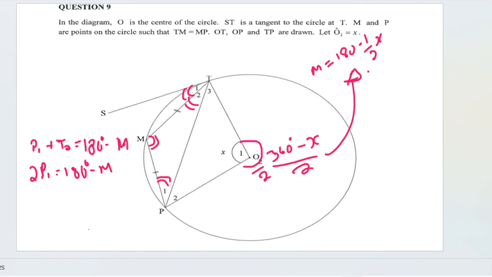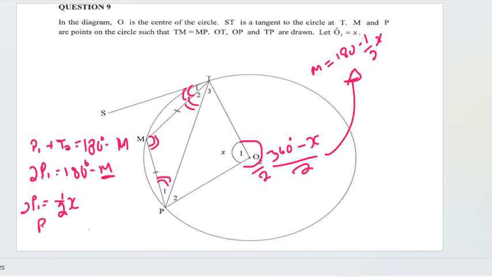And we know that 2P1 is equal to 1 over 2 X, because if I substitute the M over here, it will be 180 minus 180, and minus into minus 1 over 2 is equal to positive 1 over 2.